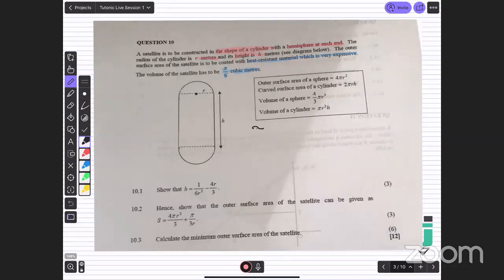What is the volume of this? What do you guys think the volume is? Does anybody have an idea of what the volume could be? Like the final volume. An expression for the volume.